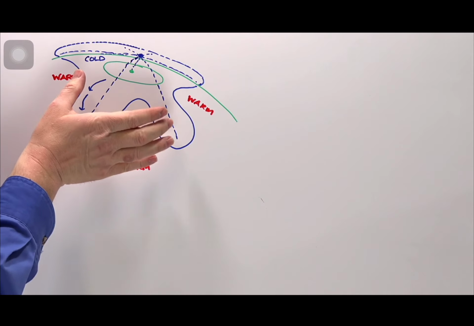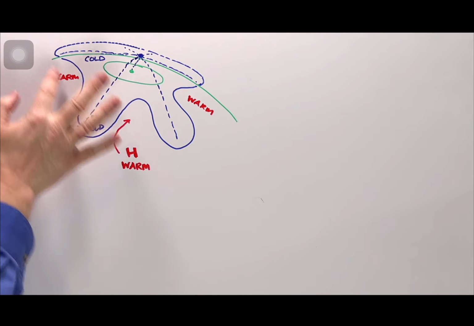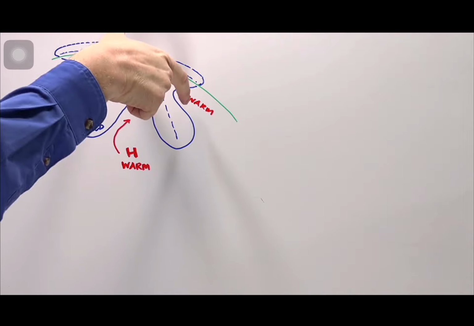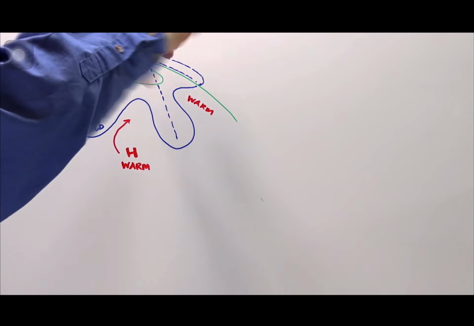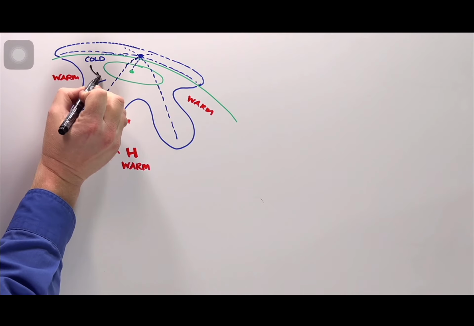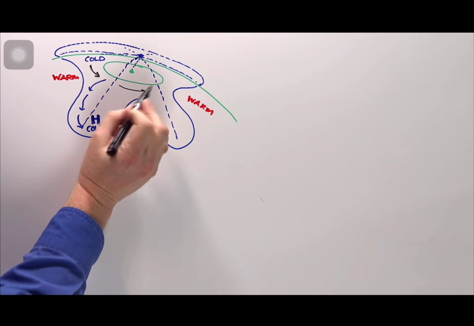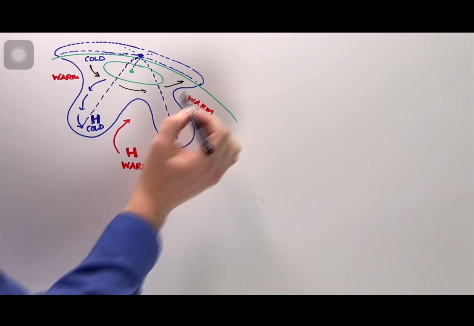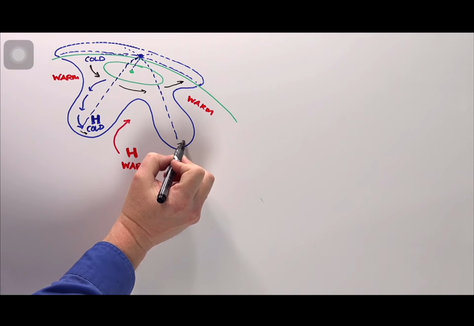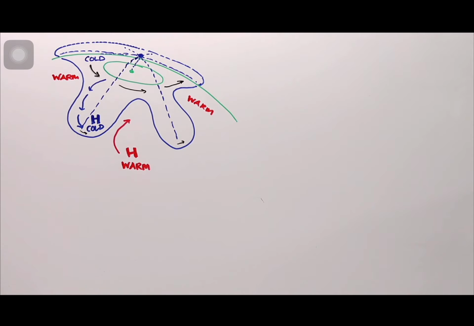Now overall, when it comes to these caps of cold air over the polar areas, they also rotate. So we would also have this cold air moving in these series of waves in this direction like that. Cold air moving like this, but it's also getting pushed this way continuously.